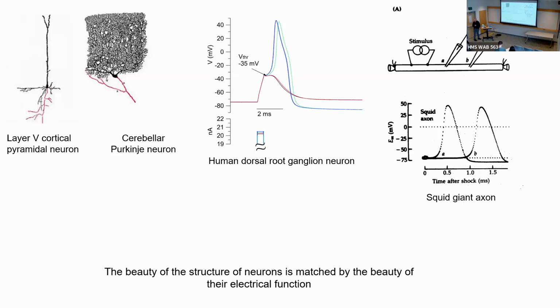And what neurons do that's so special is that here, if you inject short bursts of current into the cell membrane, this is a whole cell of a cell body, the membrane depolarizes in response to the current injection in a passive way for small current injections. But then you hit this magic voltage, the voltage threshold, and then just with an extra 0.5 millivolt of depolarization, then the cell does this, fires an action potential. It makes this positive feedback, sudden change in voltage.